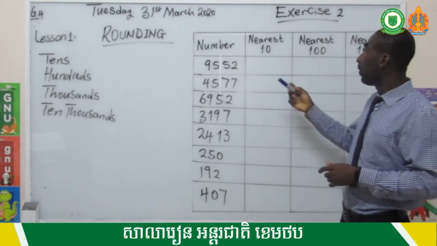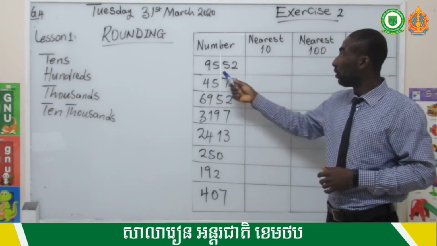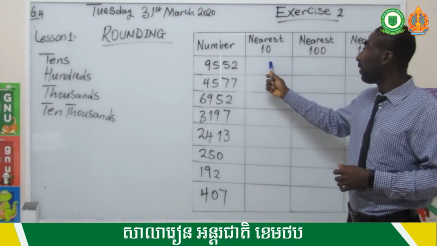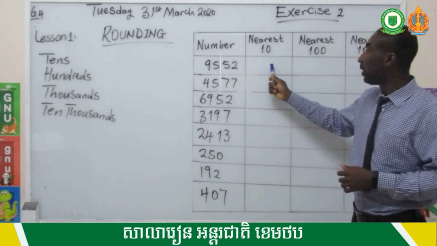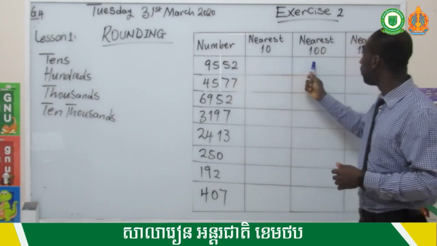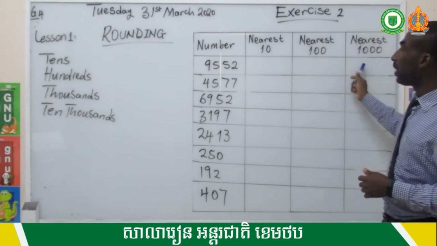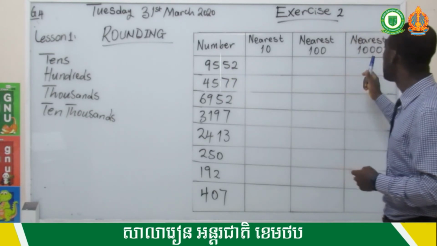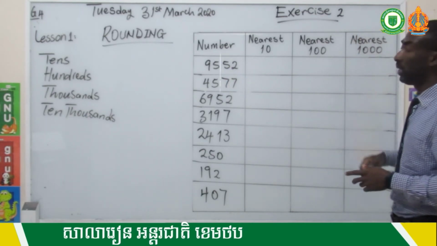So when you look at these numbers, you look at what will be the nearest 10 of this number, then you put it here. The nearest 100 of this number, you put it here. And then over here, rounding this number to the nearest 1,000, you put it here.